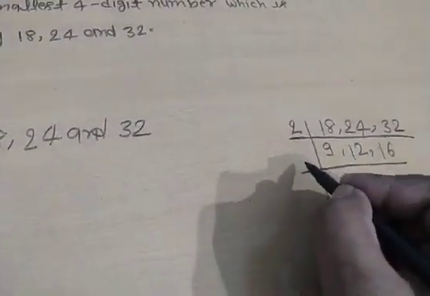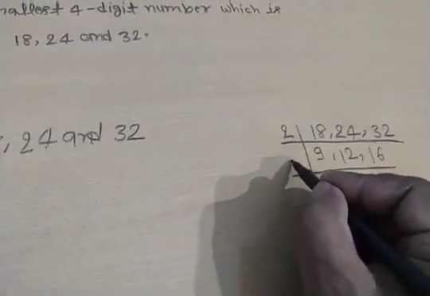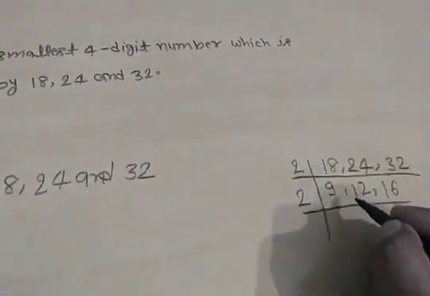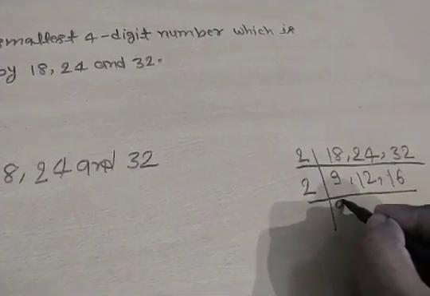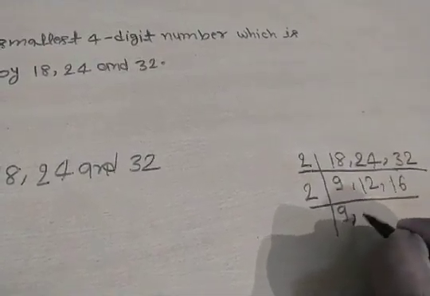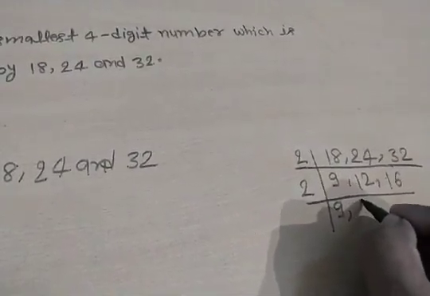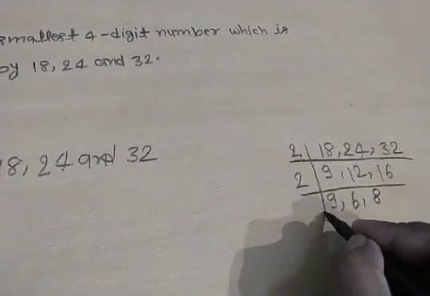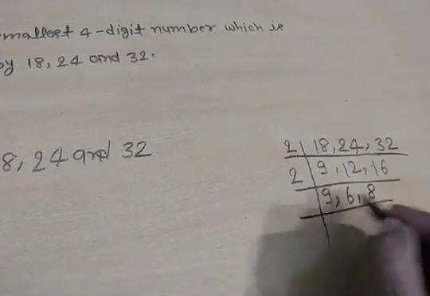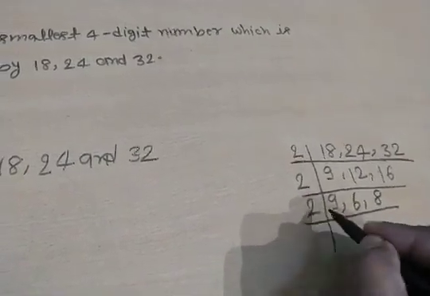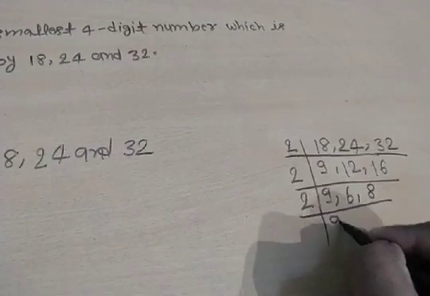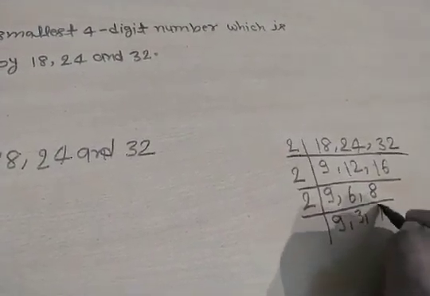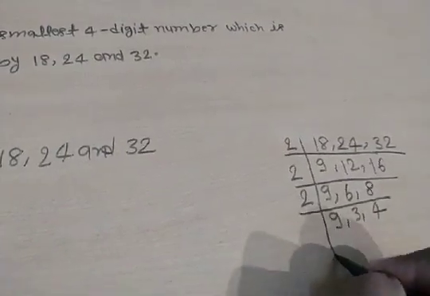Now we select 2 again, and 2 does not divide 9, so we write 9 as it is. 2 divides 12 6 times and 16 8 times. Now we also take prime number 2, and 6 in 3 times, 8 in 4 times.